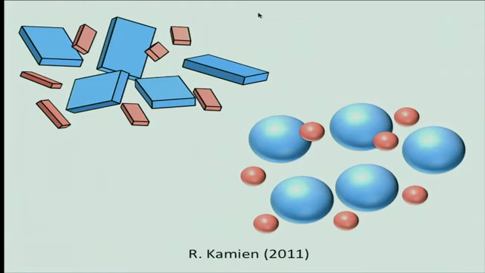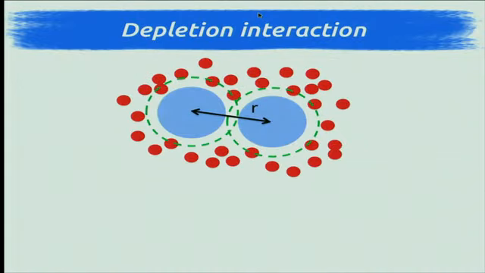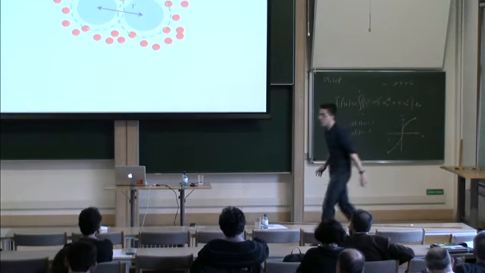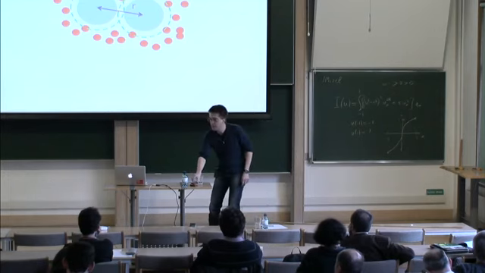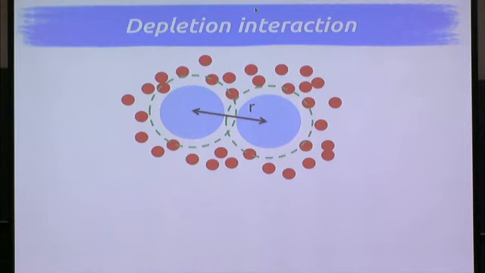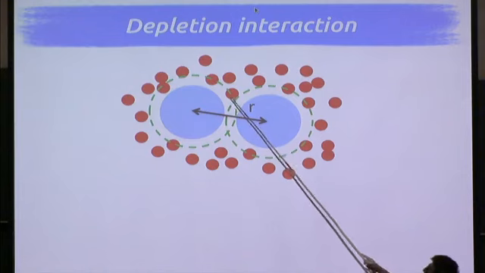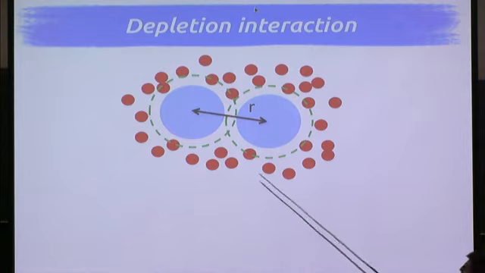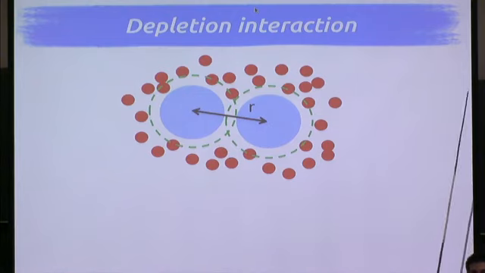Well, you can describe the behavior of this binary mixture in terms of a depletion interaction. That is, if you assume that there are only hard interactions between big and small particles, then there is a region around the big particles, called the depletion region, within which the center of mass of the small particles cannot go because of the hard repulsion.